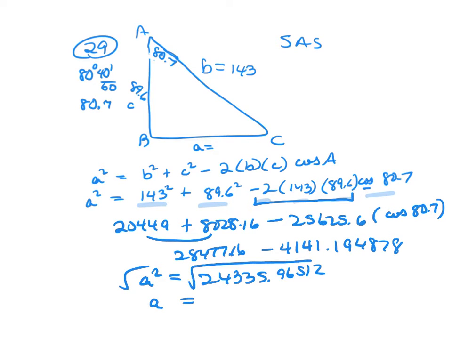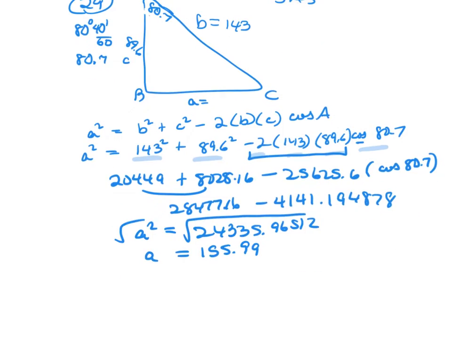Square root both sides, and you end up with a equal to 155.999. We'll round it to 156 centimeters.